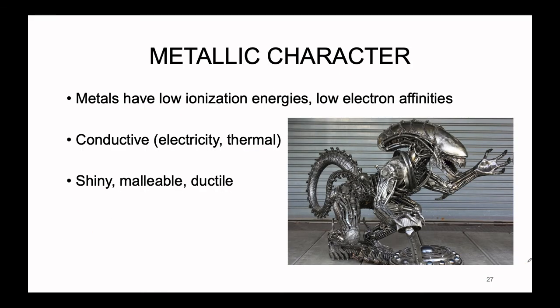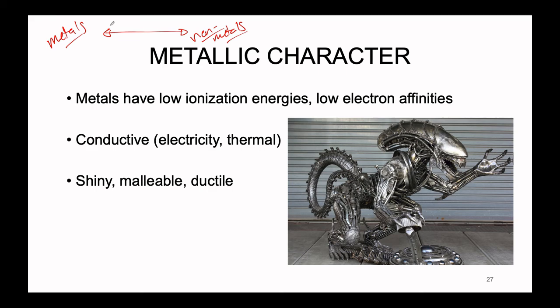All right, the other periodic trend that we're going to introduce today is metallic character. So when we first introduced the periodic table, I said that metals were on the left and non-metals were on the right. And I said we would be talking about later what characteristics define metal versus non-metal. So this is that day. We are now defining those characteristics.